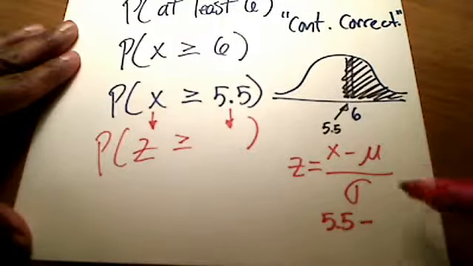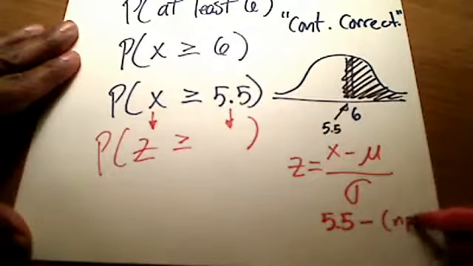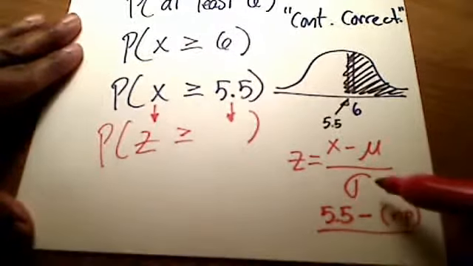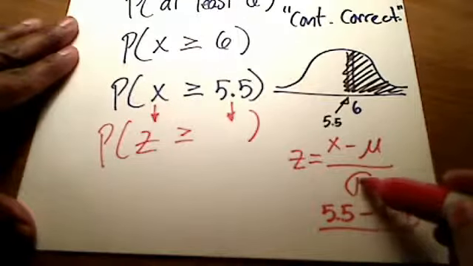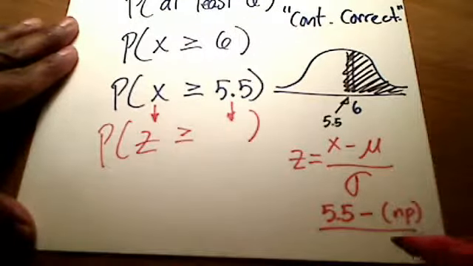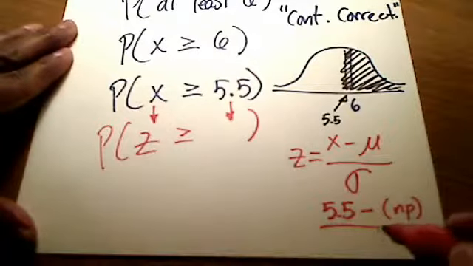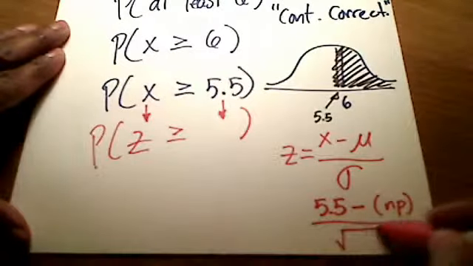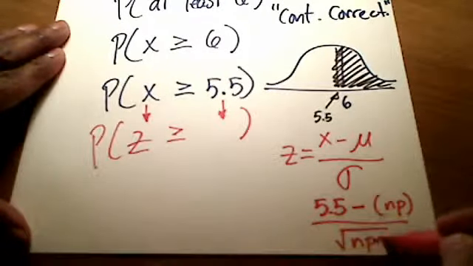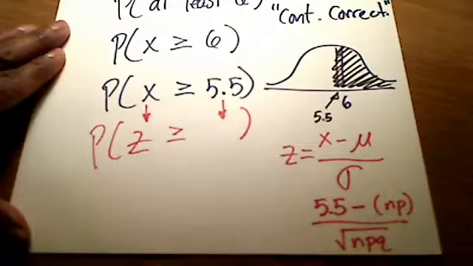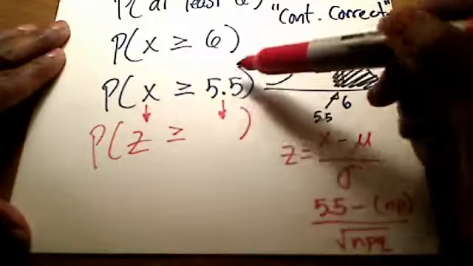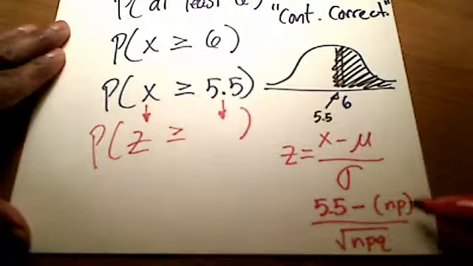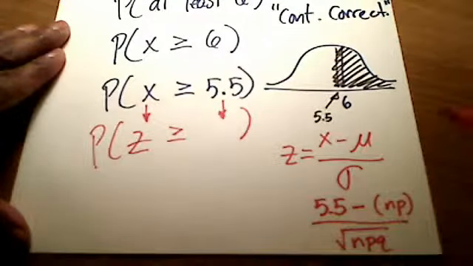Now what's the formula for mean? It's np. And you're going to divide that by the standard deviation. Now what's the formula for standard deviation for binomial distributions? Oh, that is the square root of npq. Also, this is covered on a previous video as well. So you're going to convert that 5.5 into a z value.